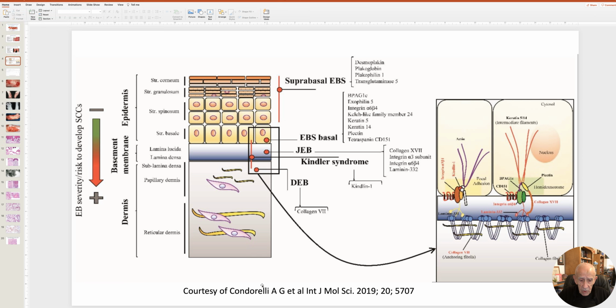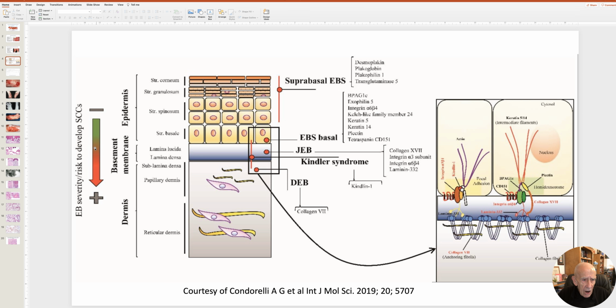Now, this is a very useful diagram which I borrowed from Condorelli's article, and it's an overview of the different proteins that may be affected in the different subtypes of epidermolysis bullosa. I'm not going to talk about any of those because it's not relevant to this talk. Really what we're thinking about is dystrophic EB, which, as I mentioned, is a collagen 7 gene mutation.